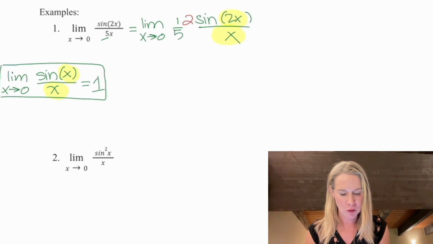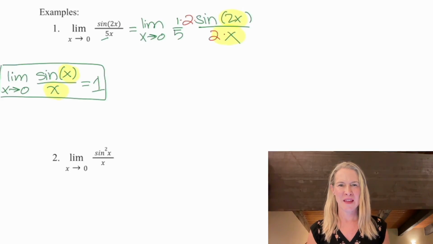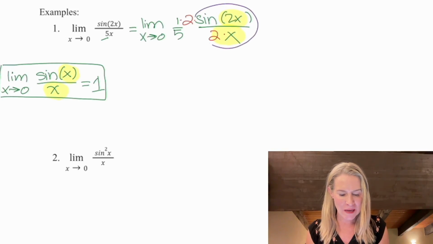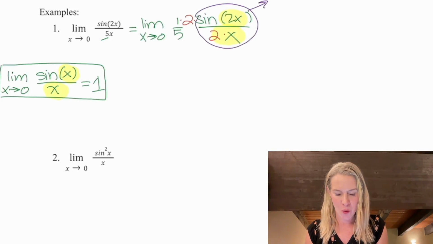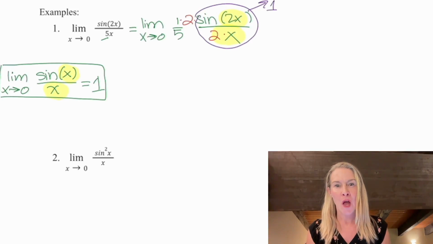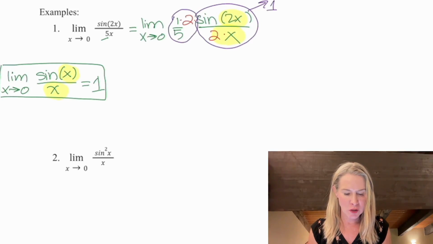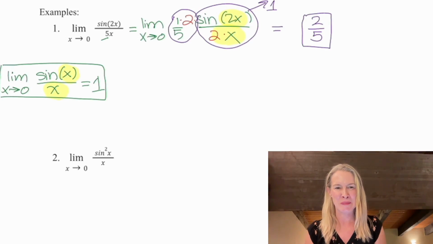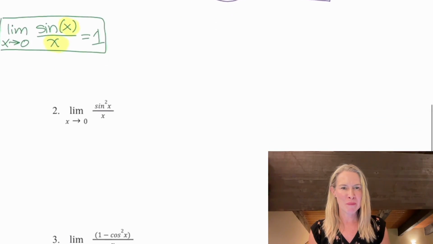So I'll multiply by 2 on the top, and I'll multiply by 2 on the bottom, and now we have sine of 2x over 2x. That whole piece is equal to 1. What's left over then is a 2 on the top and a 5 on the bottom, making our final limit equivalent to 2/5.